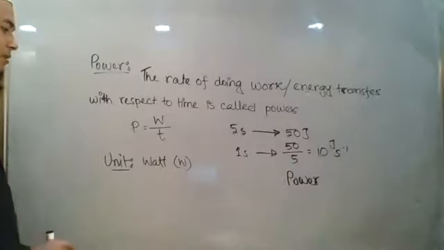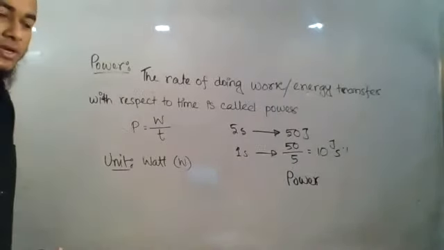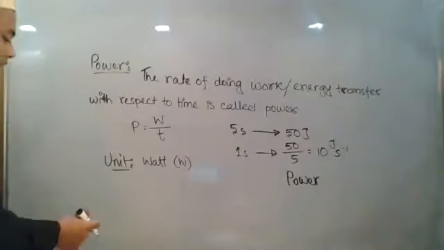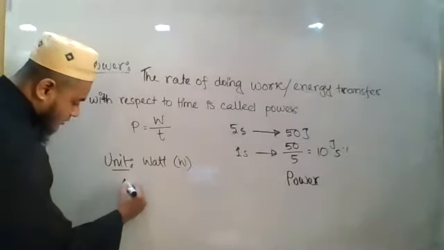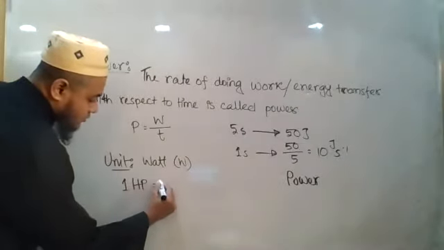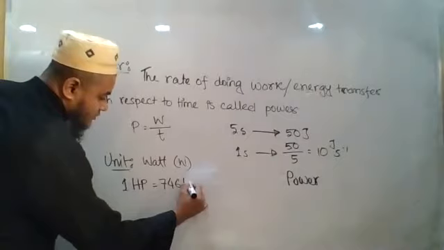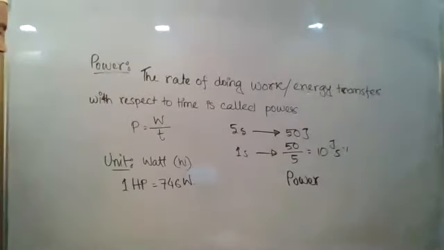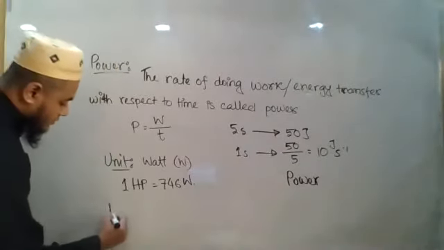The unit of power is watt. Sometimes it is also measured in kilowatt, and there is another unit of power, that is horsepower. 1 horsepower is equal to 746 watt. And what is the dimension of it?